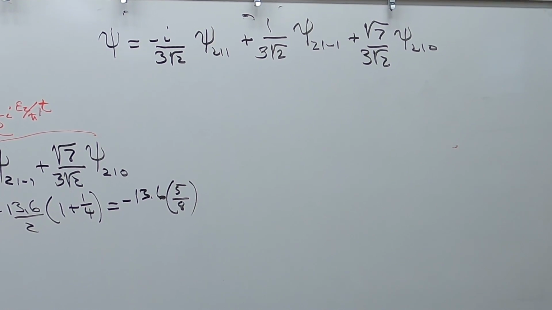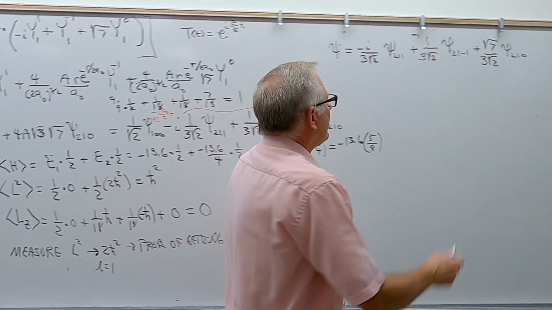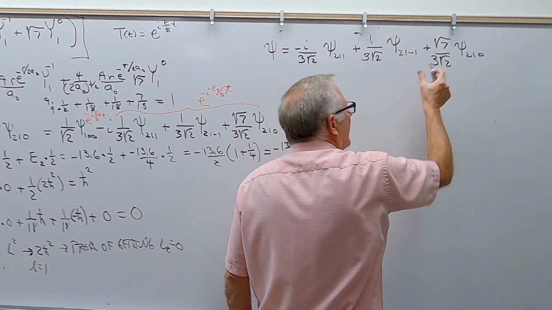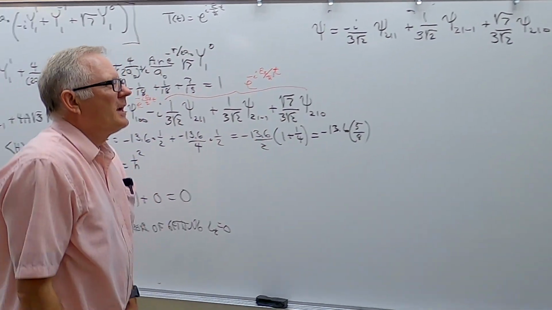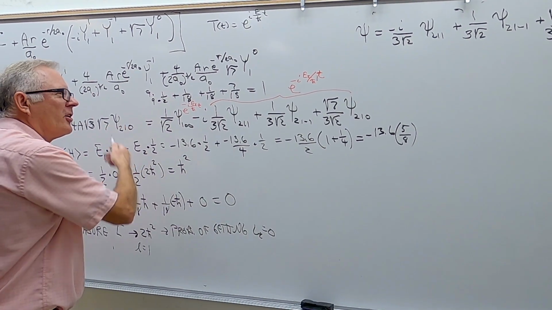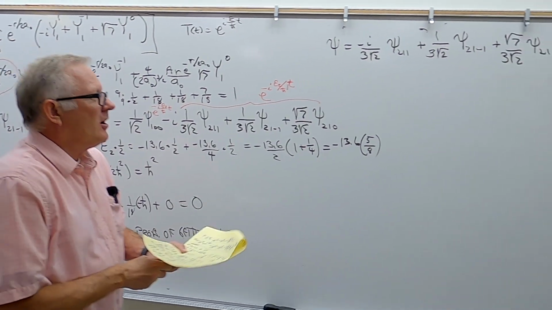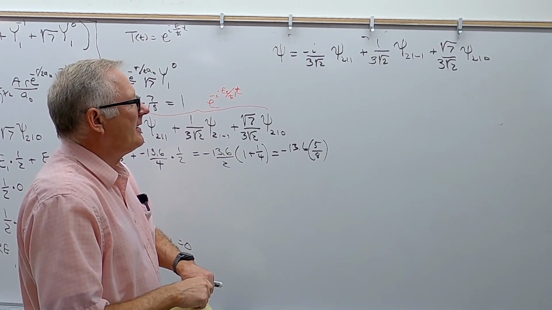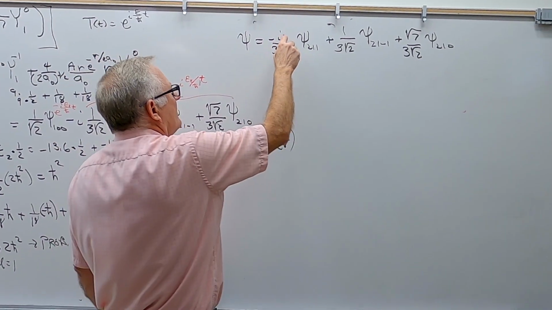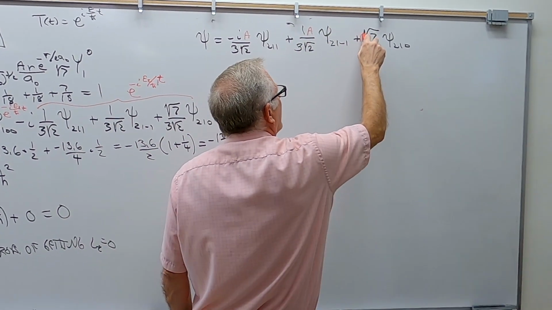Now, if I just wanted to get the probability of getting m equals 0, it can't just be that term squared. The reason is that we're not normalized. By taking out that one term, we have to renormalize it right here. So we put in a factor, let's just call it A. We just have to normalize it again.